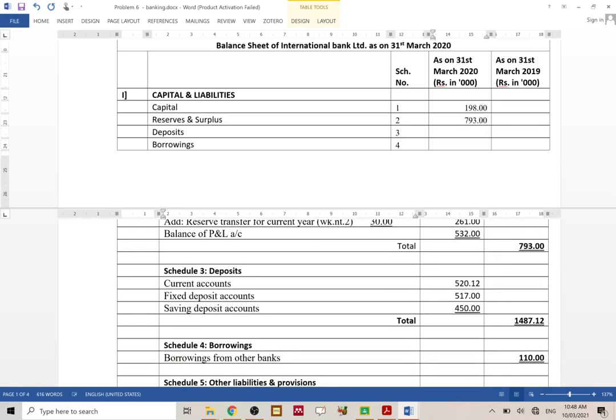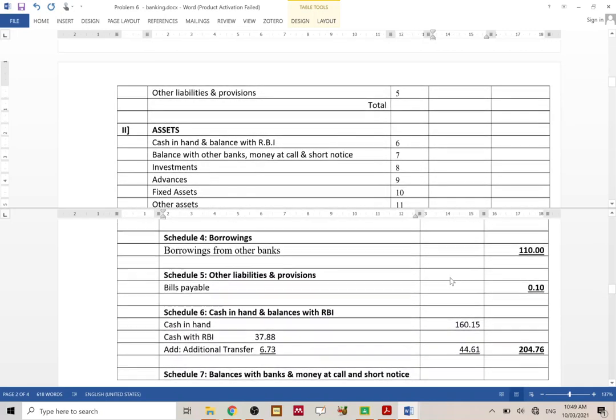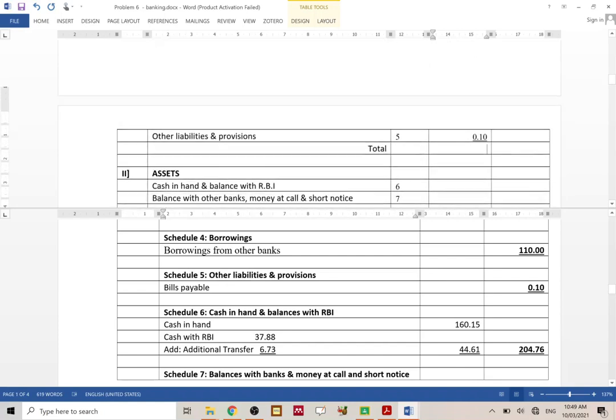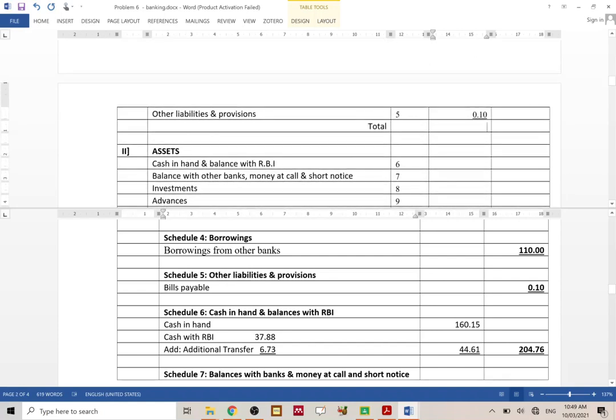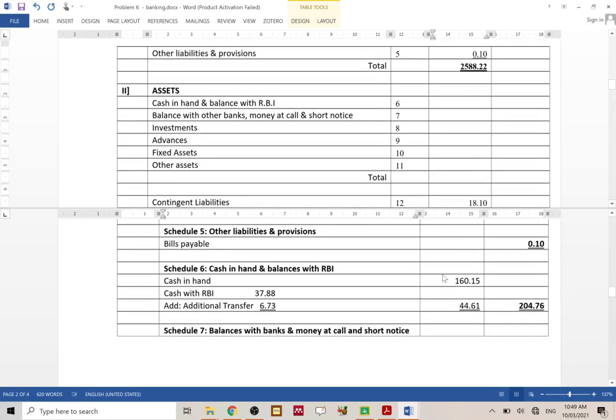Then deposits 1487.12. Next, borrowings is 110. Other liabilities and provisions is 0.10, your last one. And if you total up all these, the total of all the capital and liabilities comes to 2588.22. All right, done.